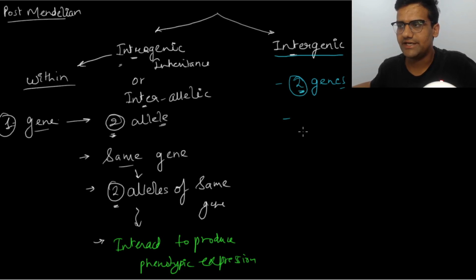This type of inheritance typically occurs between two or more different genes. These two or more different genes interact to produce a different phenotypic expression.